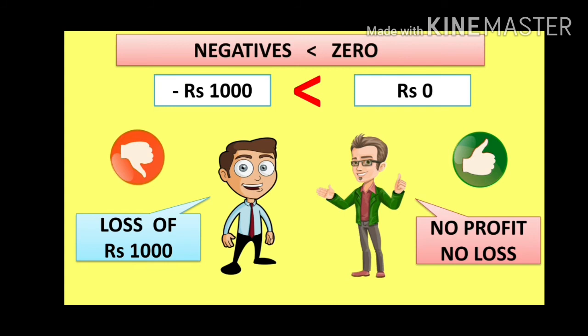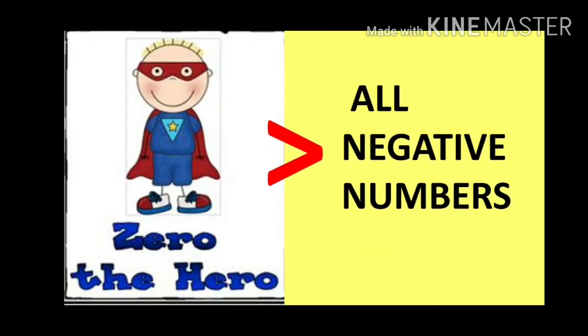So here we can say negatives are always less than 0. This is an important thing to remember. Negatives are less than 0. So 0 becomes the hero because 0 is greater than all the negative numbers. Till now 0 was less than the positives, but now it has become the hero. So 0, the hero, is greater than all negative numbers.